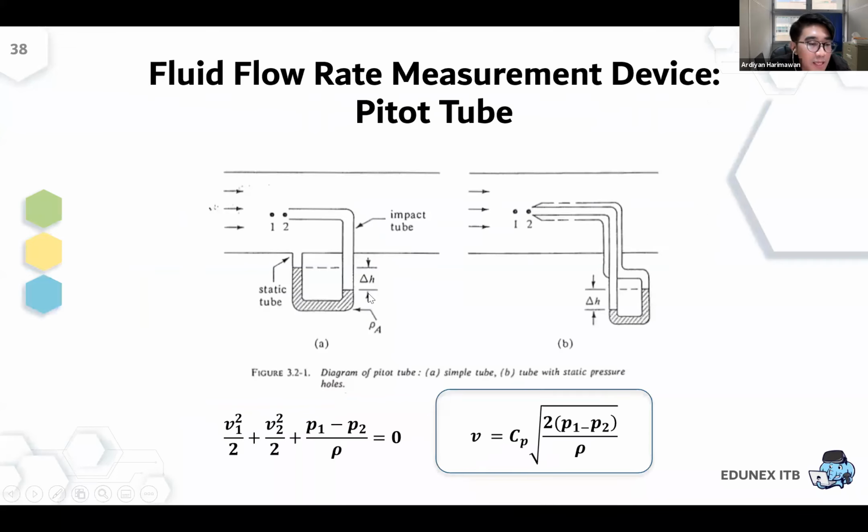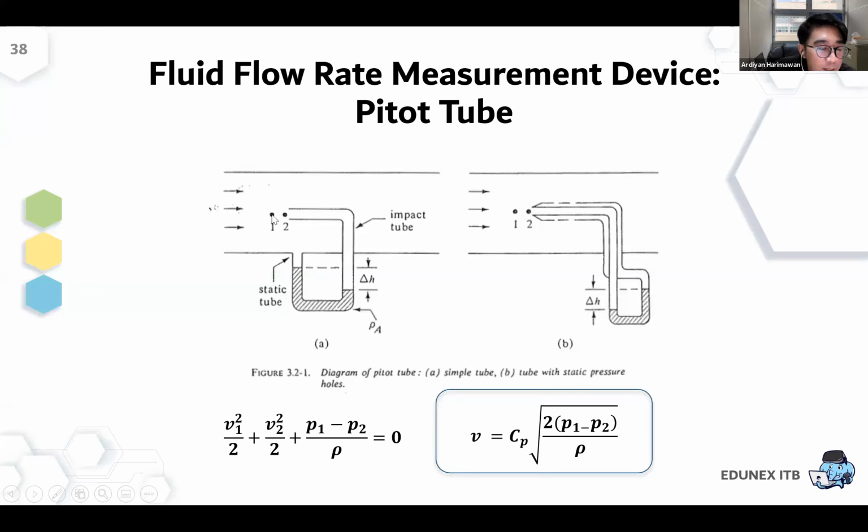Okay, this is the schematic diagram of the pitot tube and how it can measure the velocity of the air. Point 1 is at the location of free air flowing, so it represents the velocity of the air and the velocity of the plane.